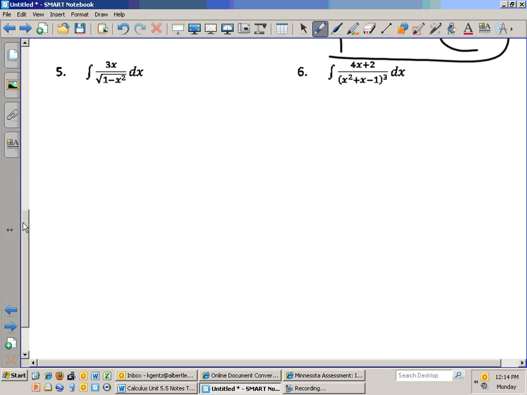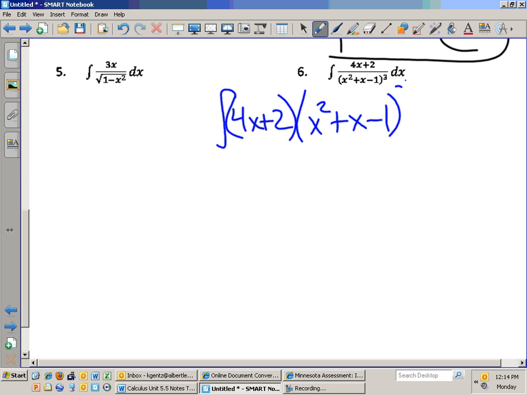Okay, I'm going to rewrite this. I'm going to rewrite it as the integral of 4x plus 2 in parentheses times x squared plus x minus 1 to the negative 3 power dx.